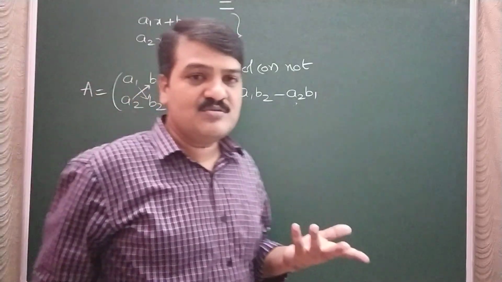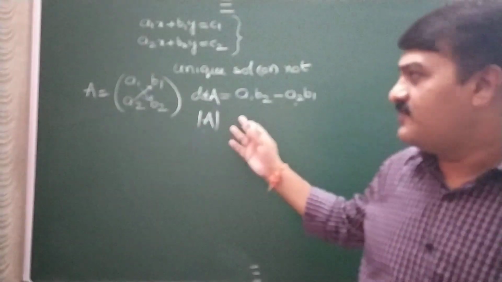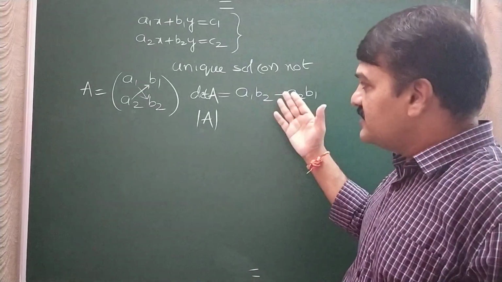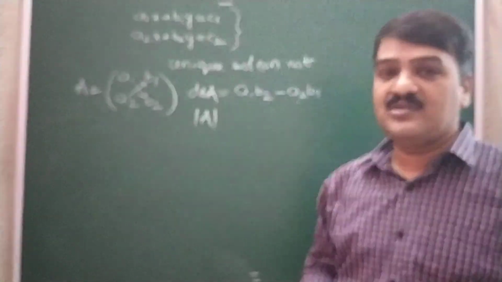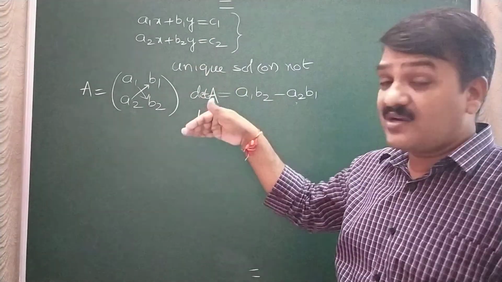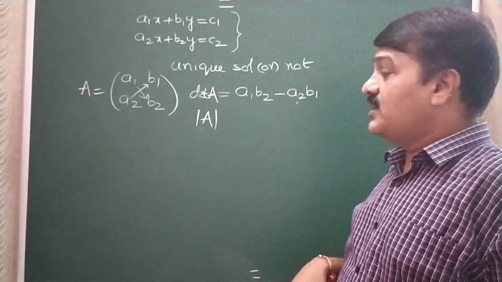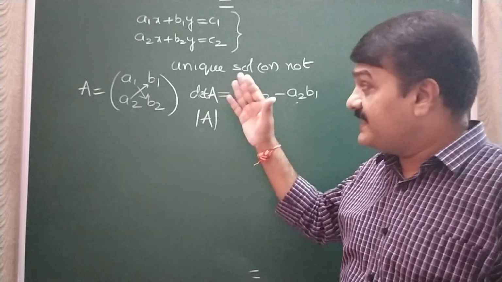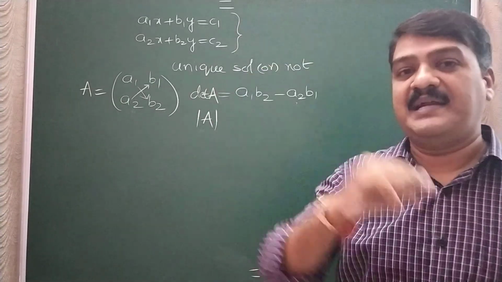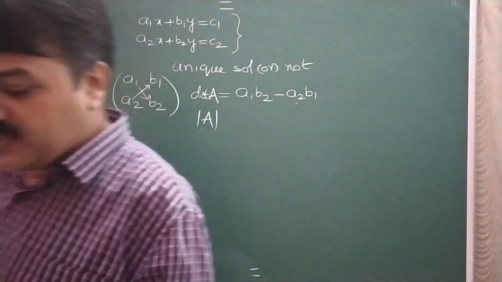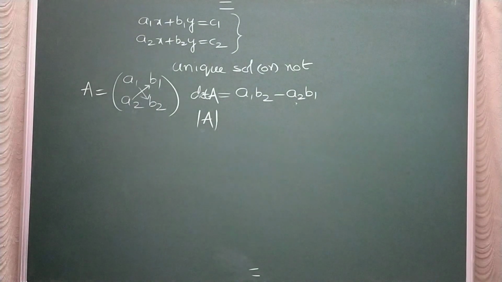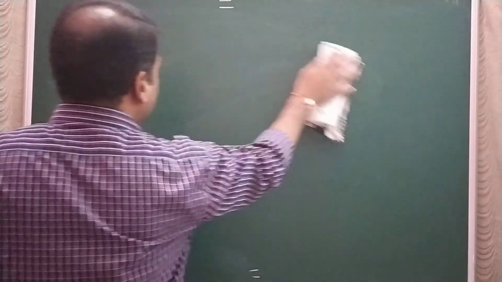So for a 2 cross 2 matrix, simply remember the formula, because this determines the unique solution of this set of equations. It is called the determinant. Now how are we going to find the determinant of a 3 cross 3 matrix, that you are going to learn in this video.